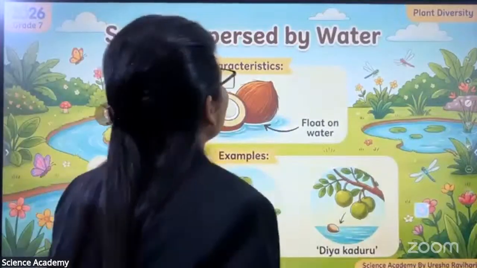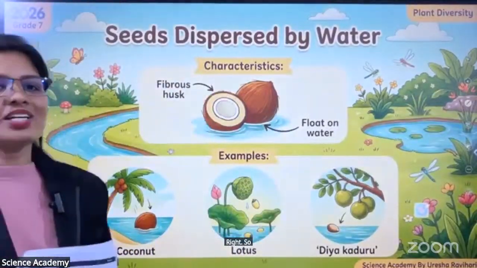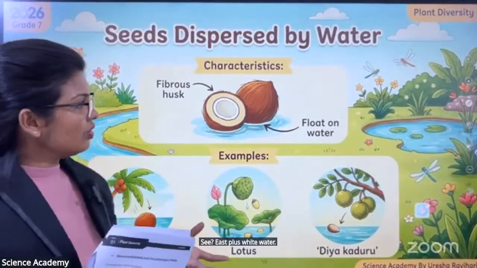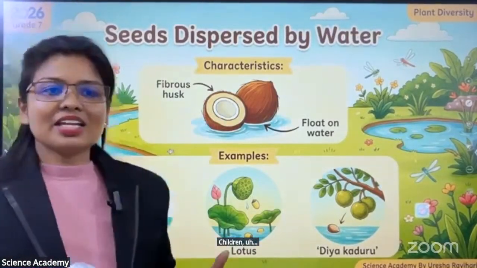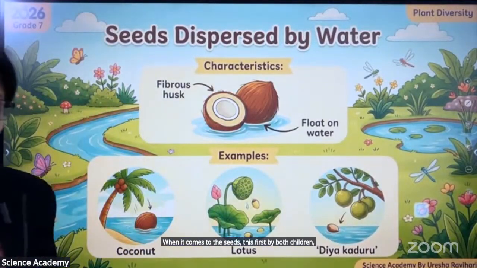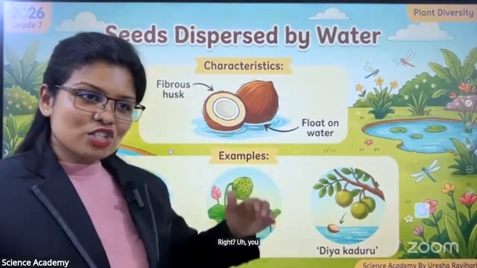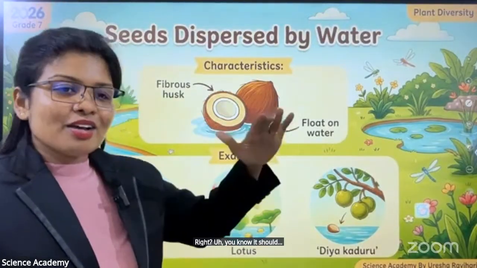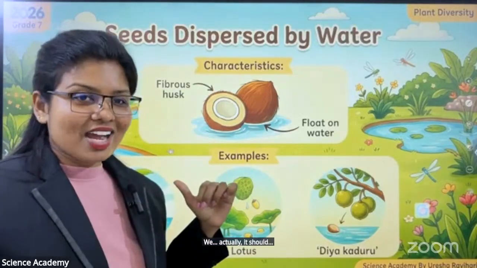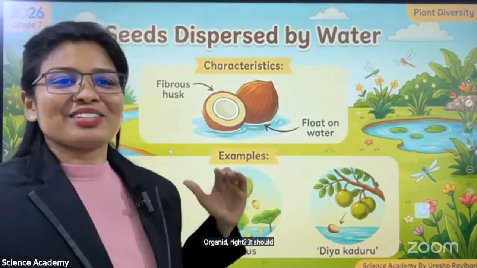Right. So children, seed dispersed by water. Children, when it comes to the seeds dispersed by water, you know, it should actually be floating on water, right? It should be floating on the water.